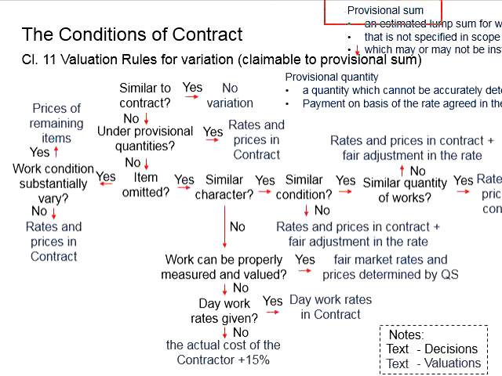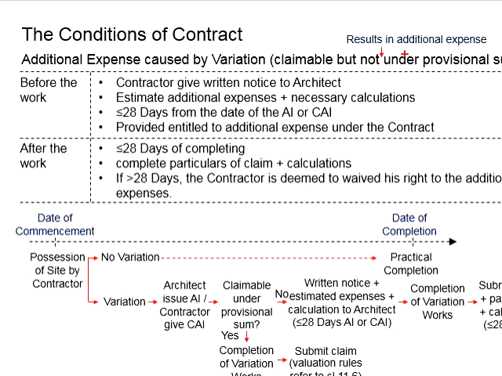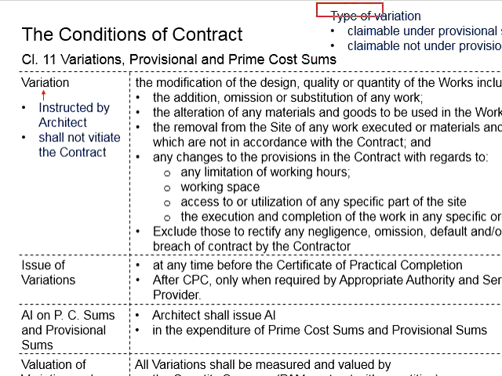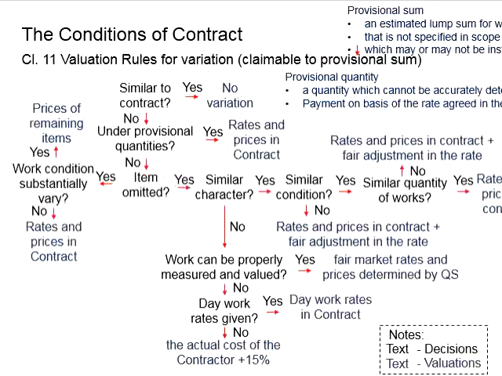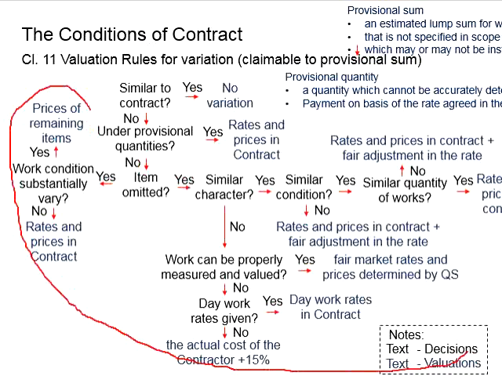If the relevant work is not catered under the provisional sum during the formation of the contract, that means it will be totally additional expenses and it should not be claimed under the provisional sum. That makes the difference between the two types of variations. Now let's say we know it is under the provisional sum. Then this part will apply.